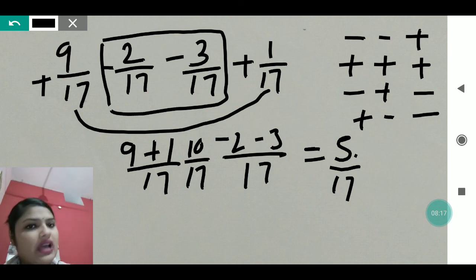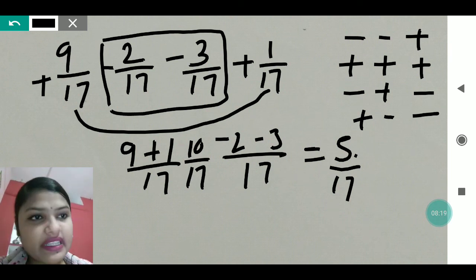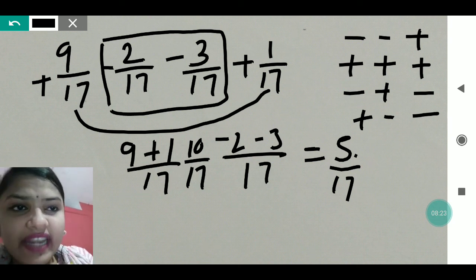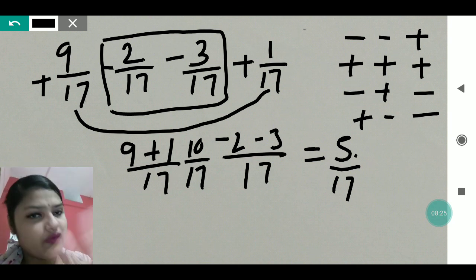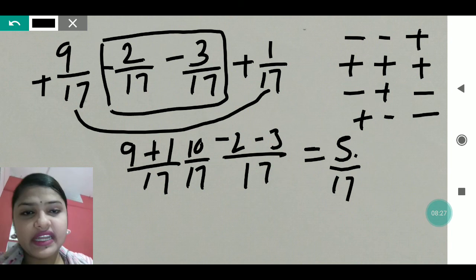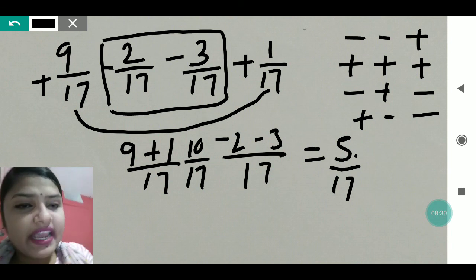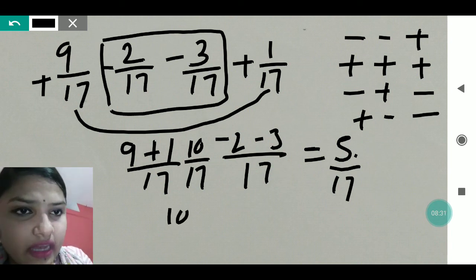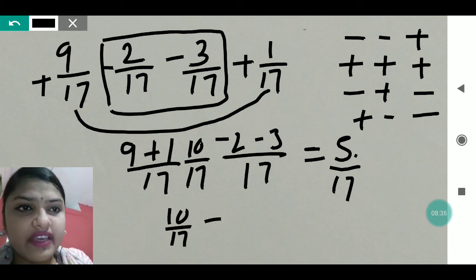Now you have two answers, one is 10 by 17, another is 5 by 17. One we got by adding two positive numbers, and one we got by adding two negative numbers. So now the sign will be given like this. This will come positive and the sign of minus will be given.